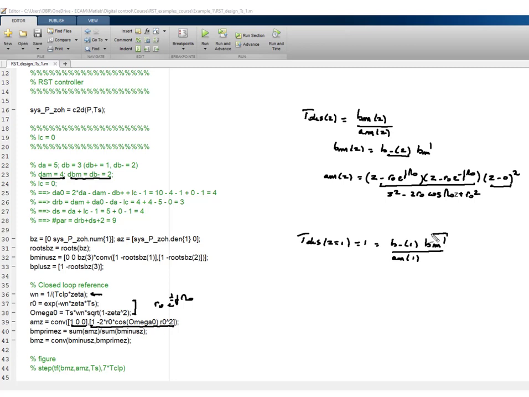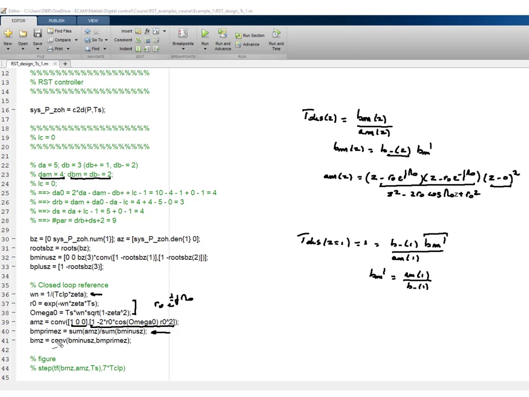So in order to make sure that the static gain is 1, we need to take BM prime as AM evaluated at z equal to 1 over B minus evaluated at 1, and this is what we do over here.